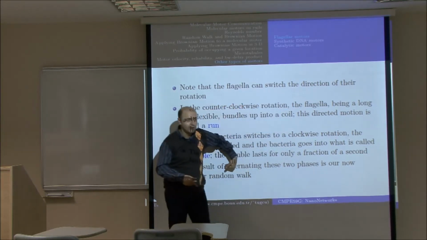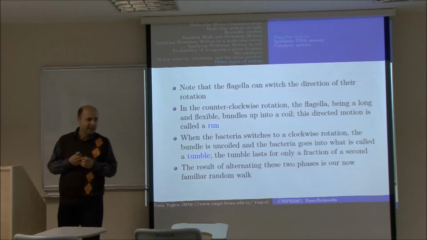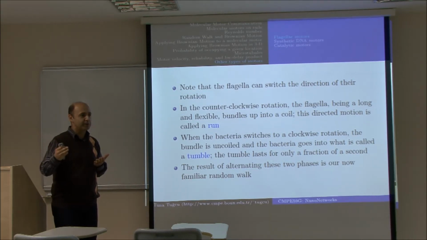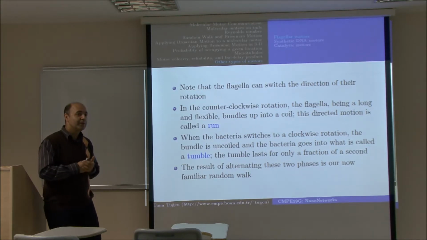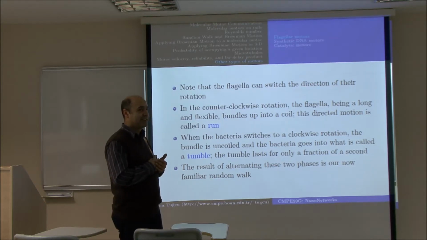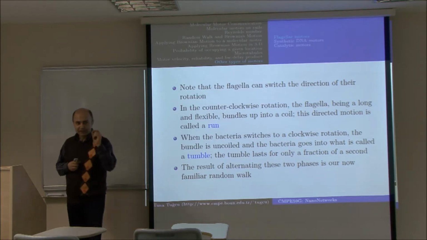The movement of this bacteria is actually a sequence of runs and short tumbles in between. Okay, so these tumbles seem random. Mostly yes, but there is a way of slightly directing the bacteria.